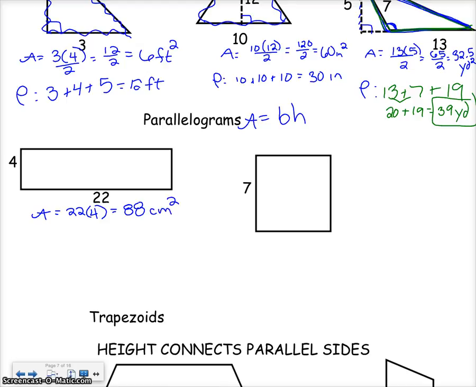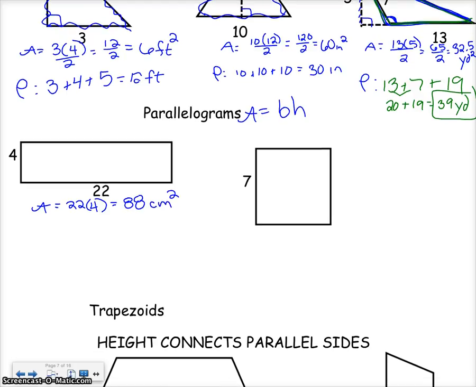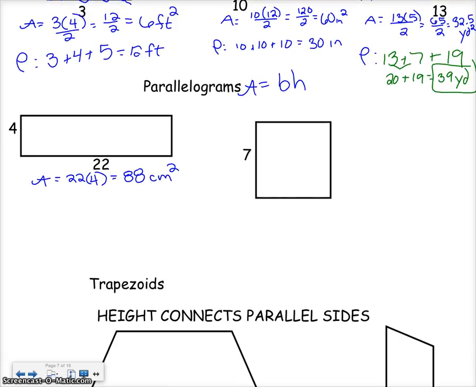Again, goal is you understand when you square or not square. Perimeter, adding around the base, 22 plus 4 plus 22 plus 4. So that'd be 44 plus 8 is what, 52? 52 centimeters.